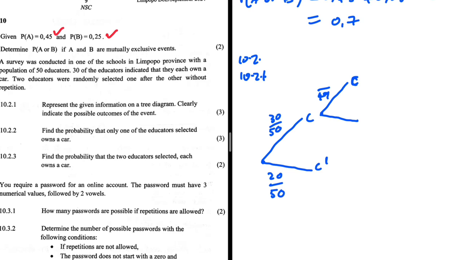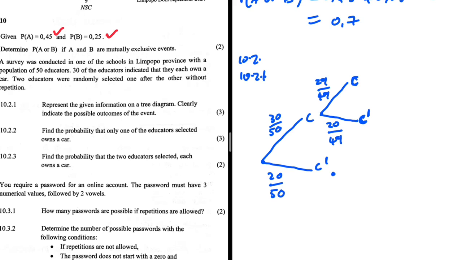And then how many teachers with cars are left? 29, because there are 30 in total. And then let's take a look at the outcome of having a teacher with no car if the first teacher selected has a car. We still have 20 teachers with no cars, because the first teacher that was selected is a teacher with a car. But our total of teachers now is 49 because we have removed one teacher.